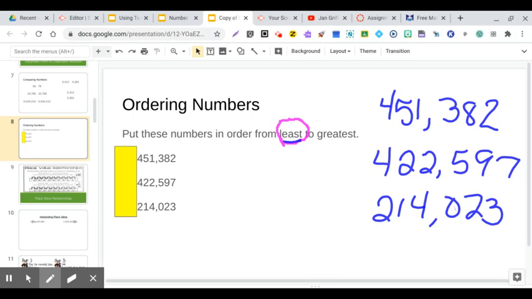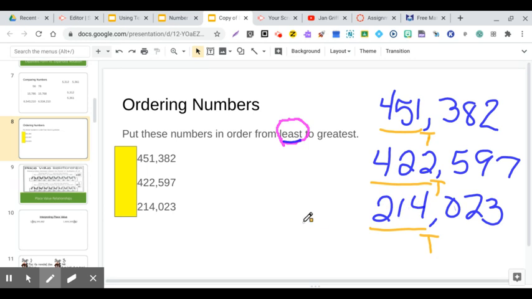Okay, so I'm looking for the least. That means I need to look in my first period, and they're all in the thousands. They all have 1 comma, and I'm looking at these digits right here, okay? I don't care about these numbers back here. I'm not looking at these right now. I'm just looking right here at 451, 422, 214.